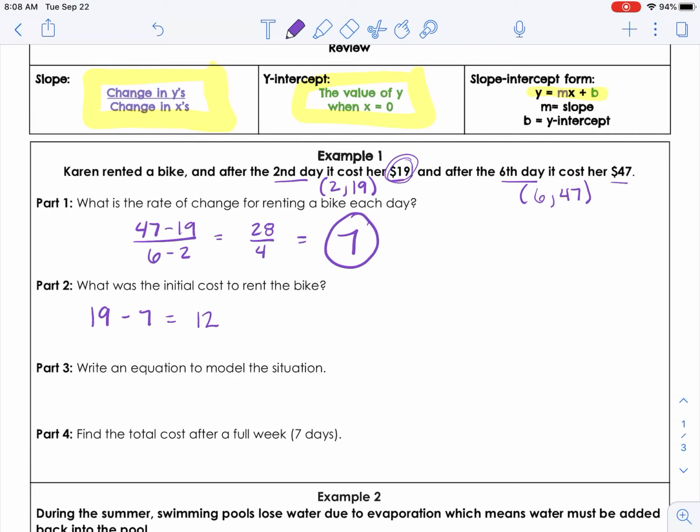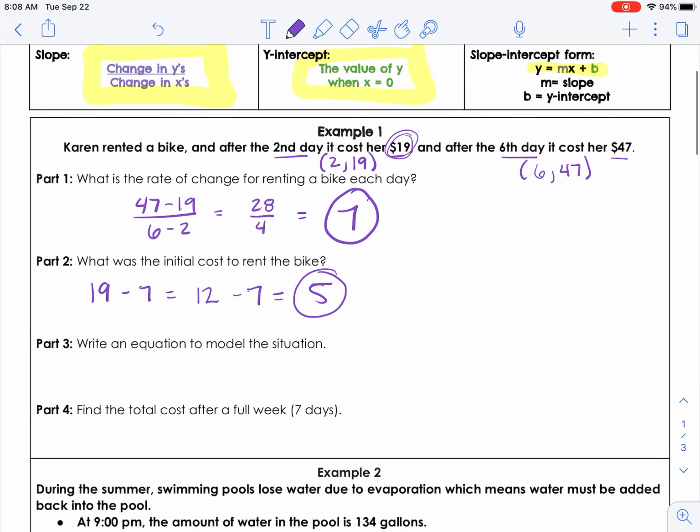And then we're going to subtract one more time to get us to day 0, which is going to be 5, right? So after 2 days it cost $19. If we backtrack to day 1, it would have cost $7 less, and then $7 less before that. So our initial cost, just the startup cost, would be $5.